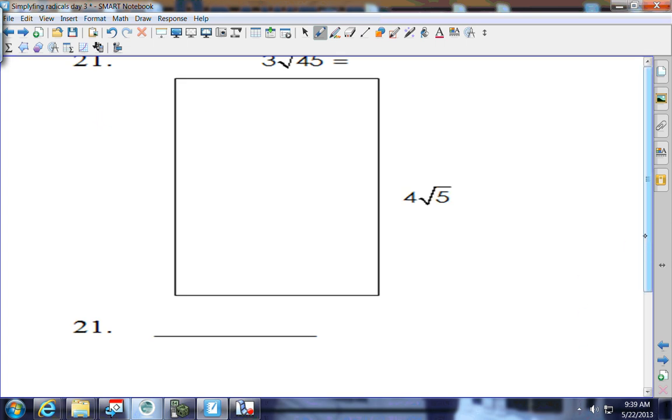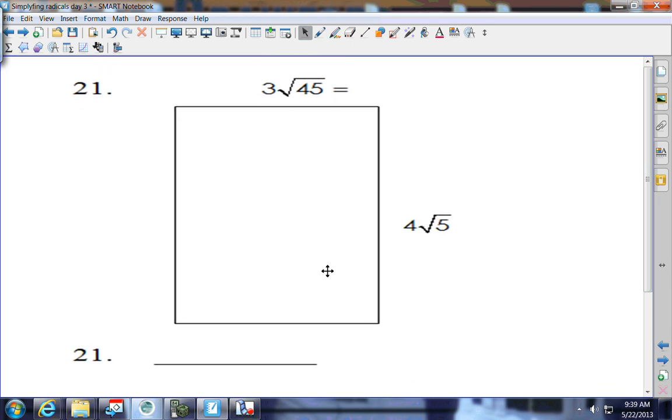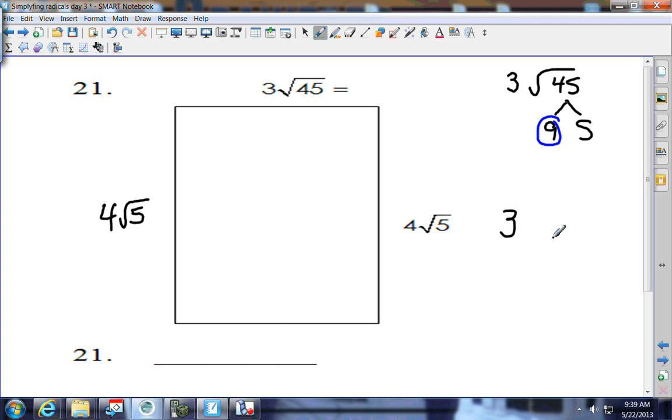Number 21. Well, why is that all the way up there? Let's see here. There we go. Number 21. We need to add up all the sides. I know that if this 5 is in lowest terms right here, square root of 5, so I know this side is 4 square root of 5. Let's reduce and fix 3 square root of 45 because 45 isn't in simplest terms. 45 can split up into 9 times 5. There's my perfect square right there. So I already had a 3 outside.